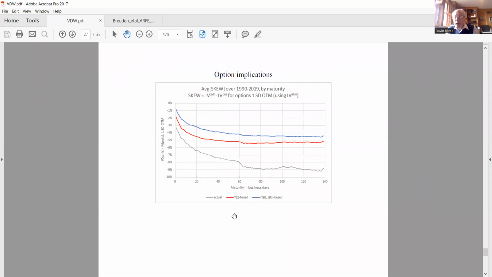By contrast, the Andersen-Fusari-Todorov model fits option prices at all maturities pretty well. But I also note that their U factor that they use to match the smirk at longer maturities has a half-life of 8 years.